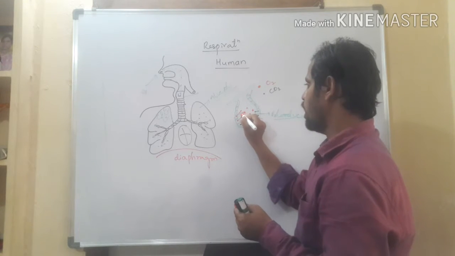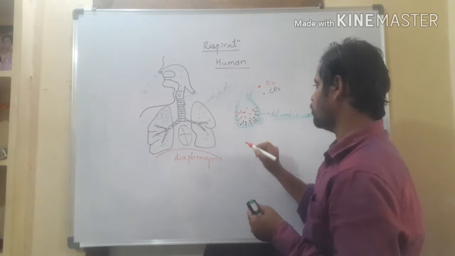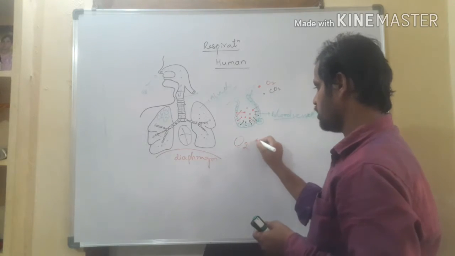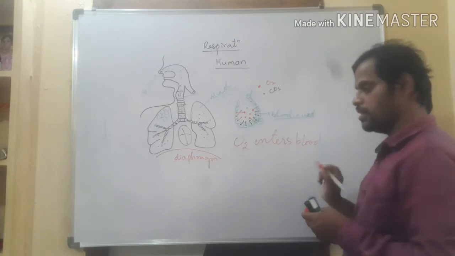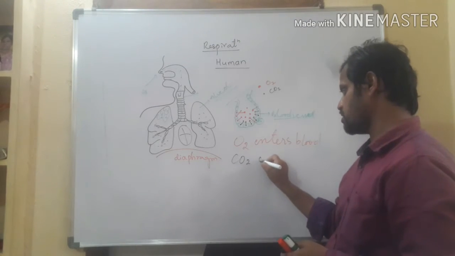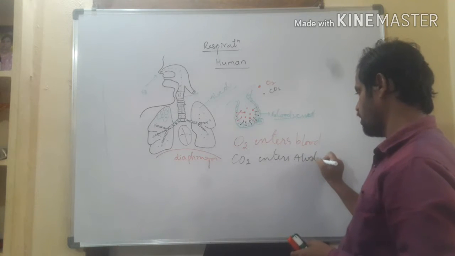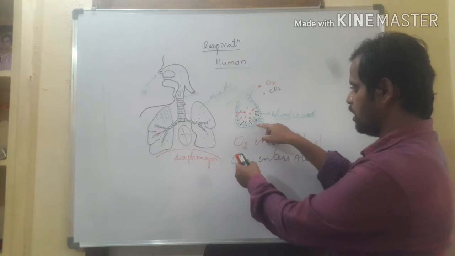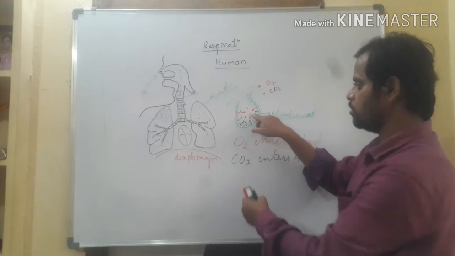See here, oxygen is entering into the blood and carbon dioxide is entering into the alveoli. So oxygen enters from lungs to blood, and carbon dioxide enters from blood to lungs.